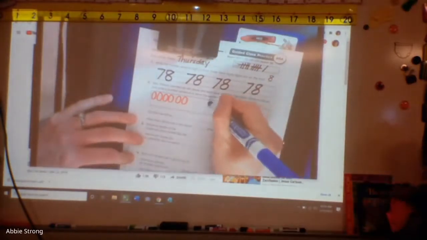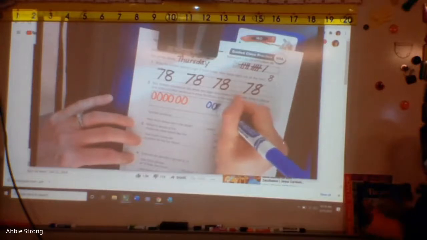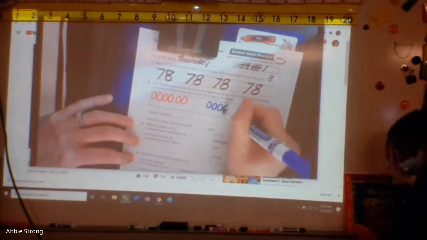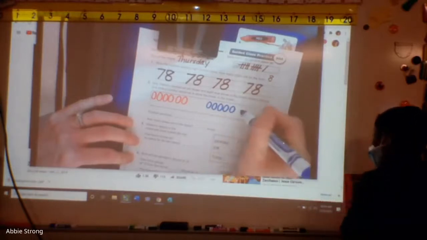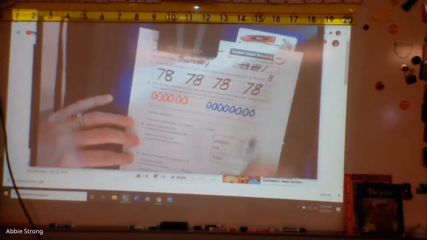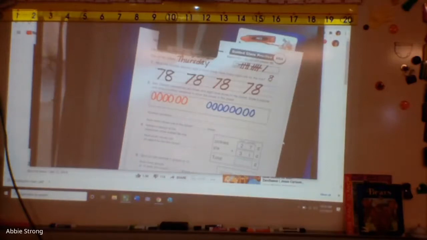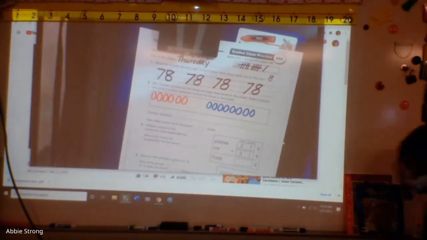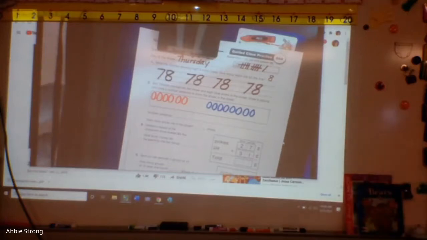Here we go. 1, 2, 3, 4, 5, 6, 7, 8. 8 blue and 6 red. Okay, give me a thumbs up when you have your 8 blue shoes drawn.